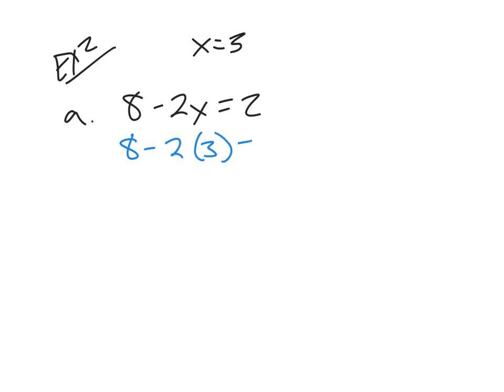If I have 8 minus 2x equals 2, and they tell you to substitute the 3 in where the x is, so x equals 3. So I'm going to plug that in. 8 minus 2 times 3. Make sure you're writing this in your journals. What is 2 times 3? So then we have 8 minus 6.